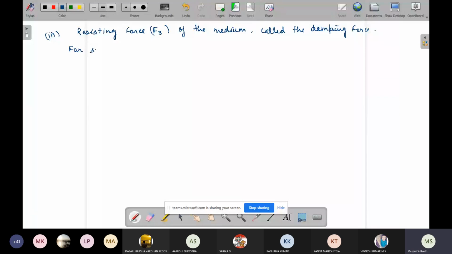For small velocities, F3 is approximately proportional to the magnitude of the velocity.